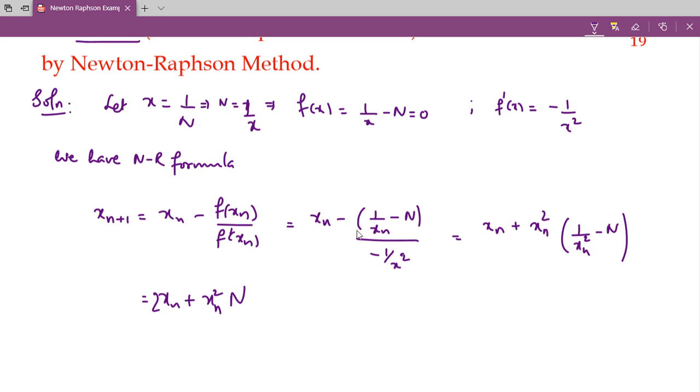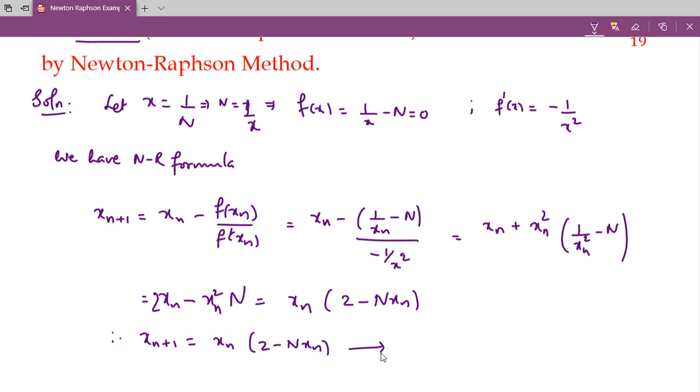Instead of plus we will be having minus here. Now we can take xn common, that is 2 minus n xn. Therefore x(n+1) is equal to xn into 2 minus n xn.